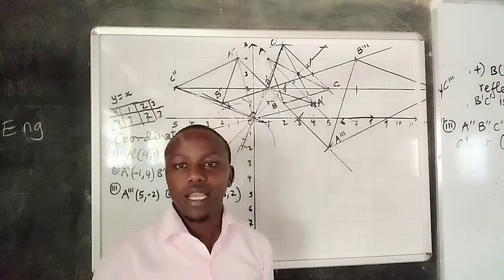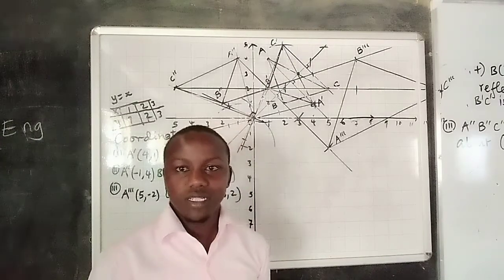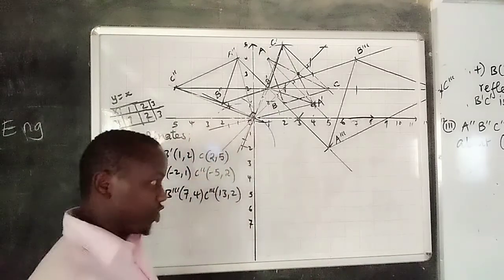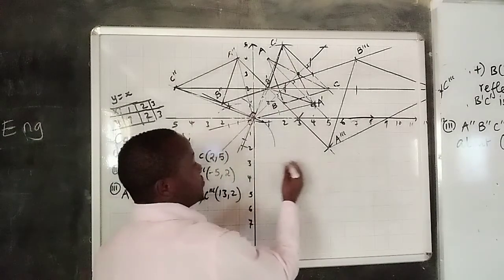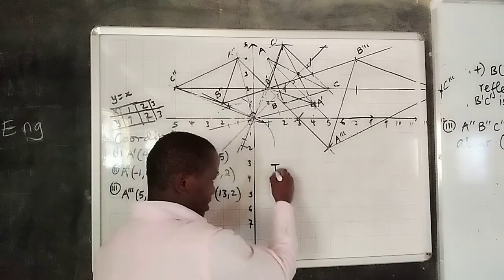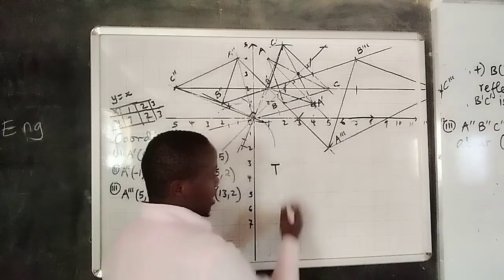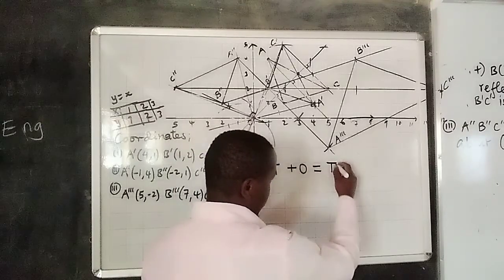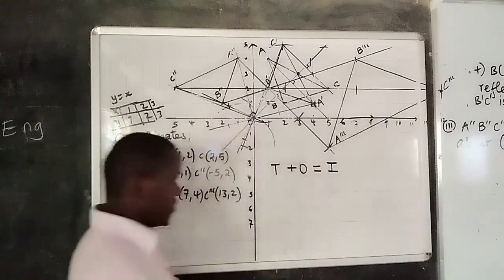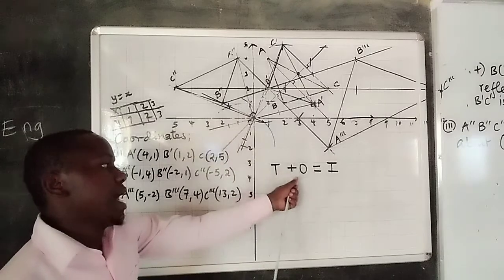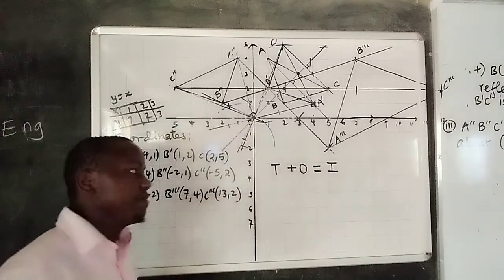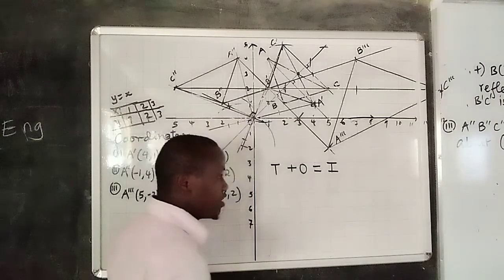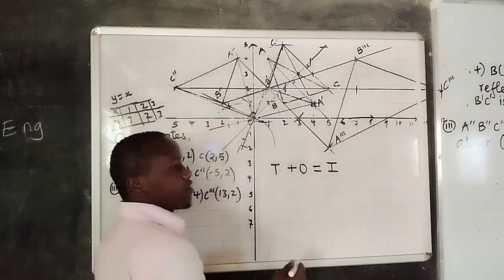So that is how we carry out rotation, reflection, and enlargement. Something on vectors, we said there is a transformation called translation, and we see that when we take the translation vector and we add it to the object, they give us the image. Therefore, we express them in terms of column vectors.